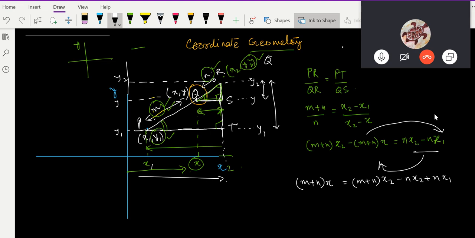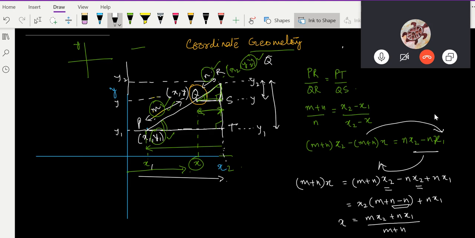I can take x2 common from these two terms, and write x2 into m plus n minus n, plus n x1. So n minus n is 0. So this becomes m x2 plus n x1 over m plus n is equal to x.